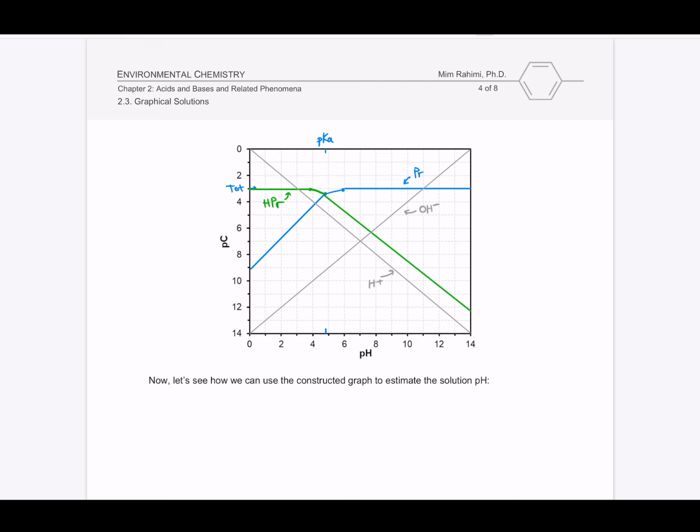So it's not as informative as just picking a point along an x-axis, finding a pH. So to find a pH, we need some logical approach to use this graph to find a pH for this particular concentration that are given. For example, 10 to the minus 3 for this sort of acid system with this pKa.